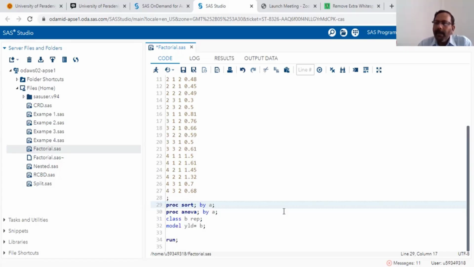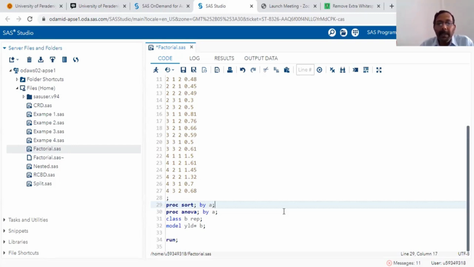Then proc ANOVA. We are producing ANOVA separately for each level of A. How many levels are there for A? There are 4 levels: A1, A2, A3, A4. So 4 ANOVAs will be produced. I will show you later. So proc ANOVA by A, class classified variable.